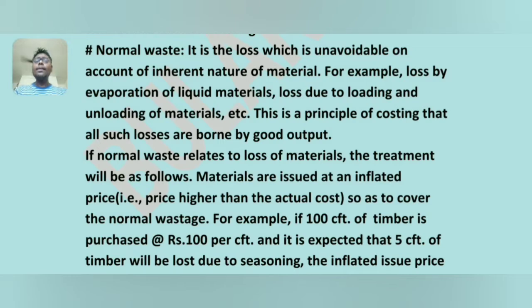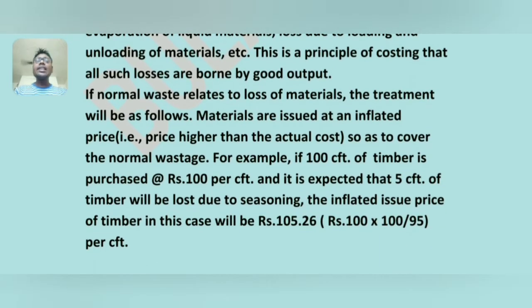For example, if 100 CFT of timber is purchased at rupees 100 per CFT and it is expected that 5 CFT of timber will be lost due to seasoning, the inflated issue price of timber in this case will be rupees 105.26, that is 100 into 100 divided by 95 per CFT.